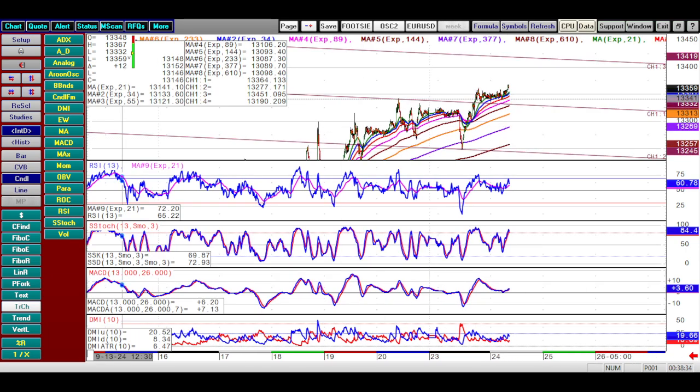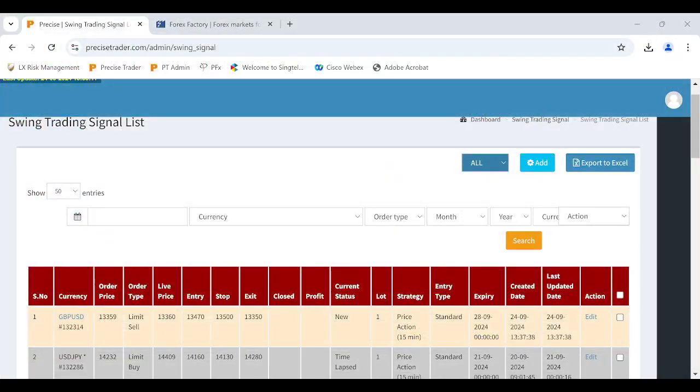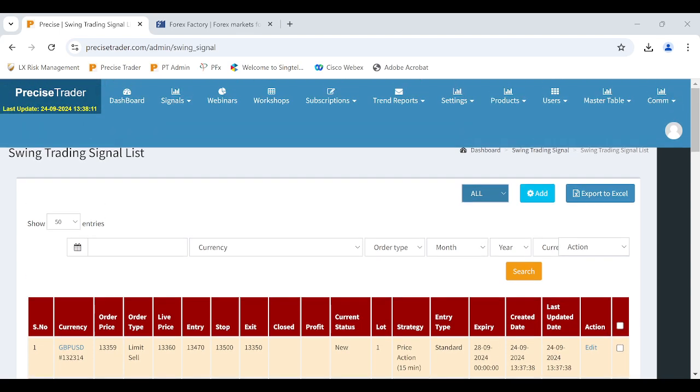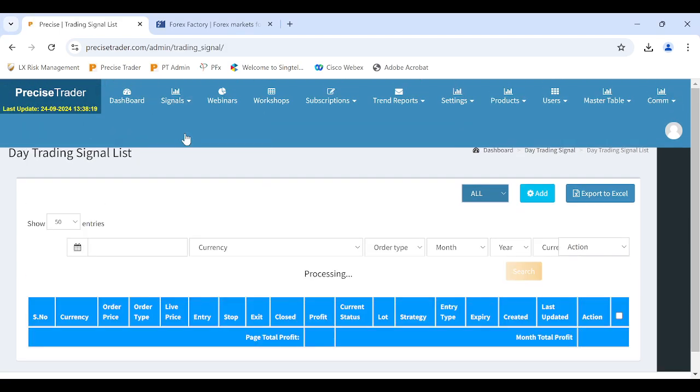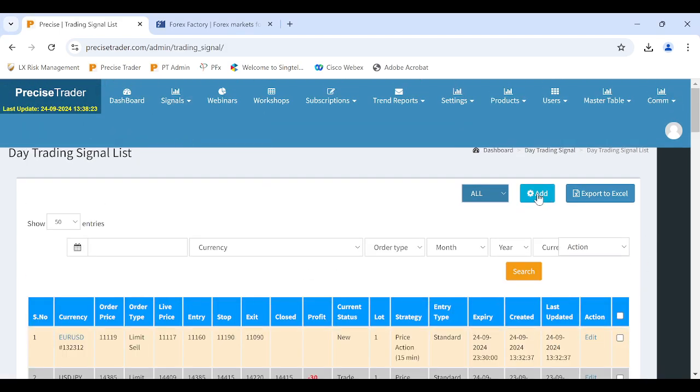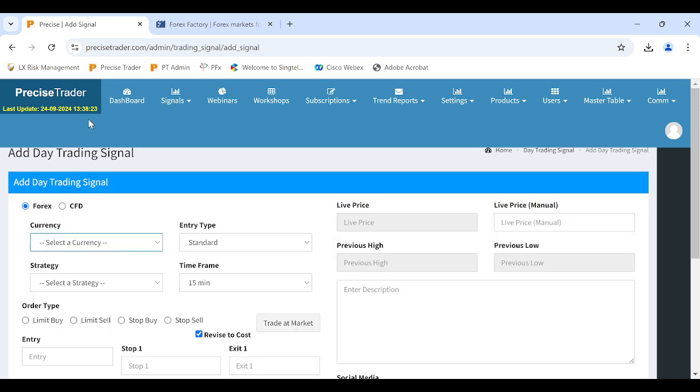So based on this, we can give a signal on day trading selling at 3420, and we have not seen the high. Okay, and the TP is 3370.